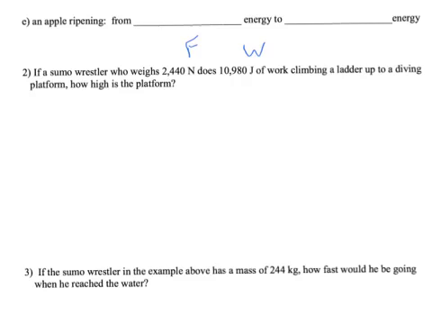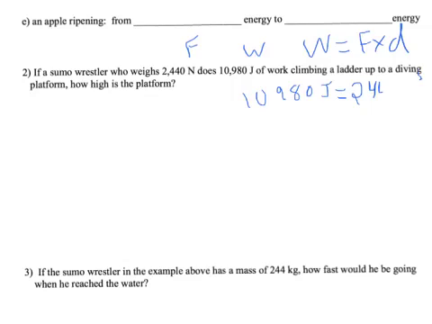So we're going to use the work equation. Work equals force times distance, and we're going to be solving this one for distance. So let's just substitute in the values that we know. We know that 10,980 joules worth of work was done, and the force needed to lift the sumo wrestler was 2440 times distance.